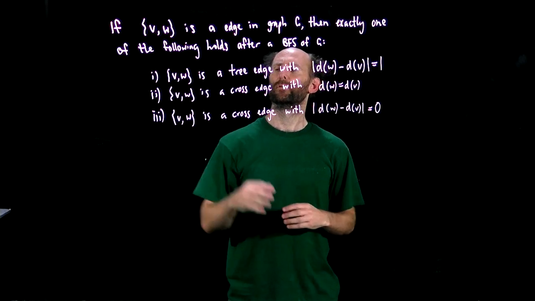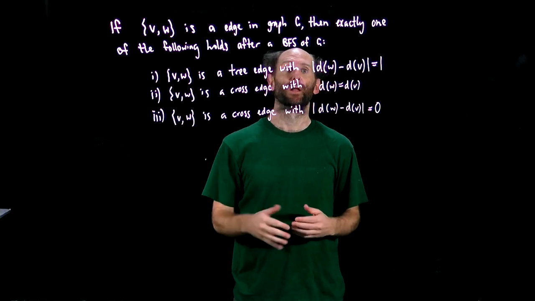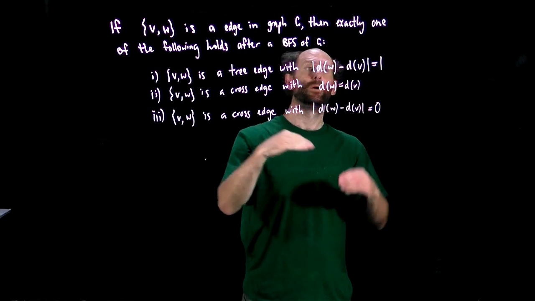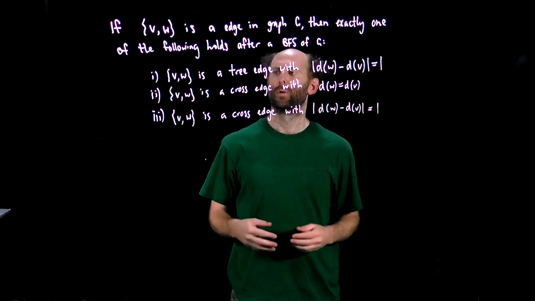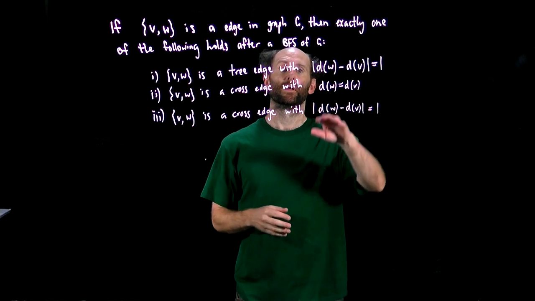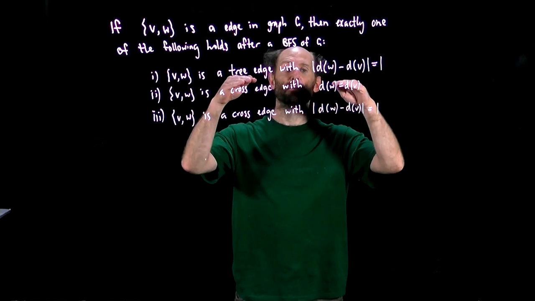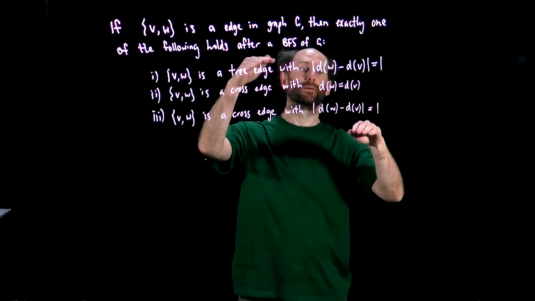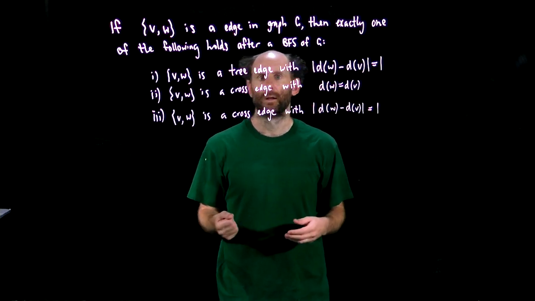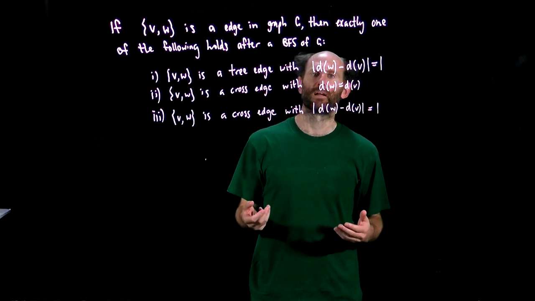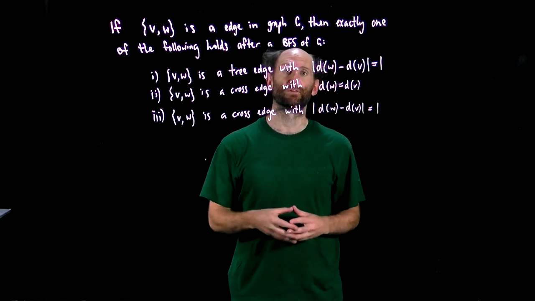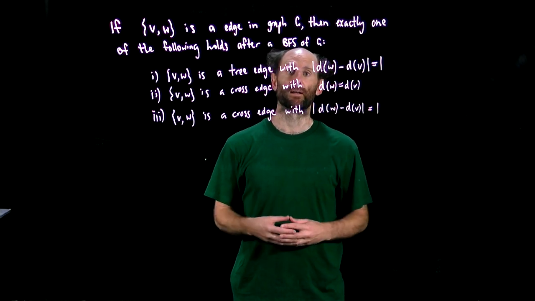Either VW is a tree edge, in which case the levels of W and V will differ by exactly 1, or VW is a cross edge, in which case V and W could either be in the same level in the tree or differ by exactly 1. These results can be derived simply by considering the edges in the graph G as bidirectional arcs and applying the previous result that we saw for digraphs.